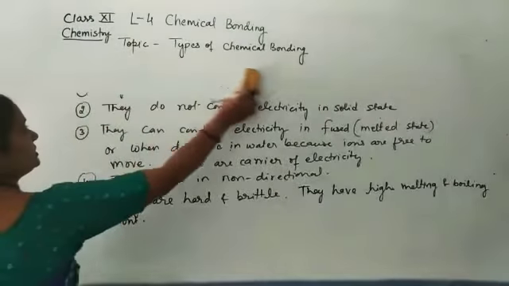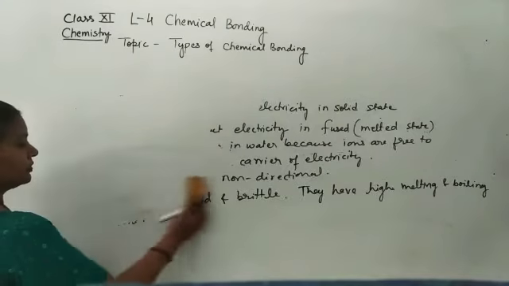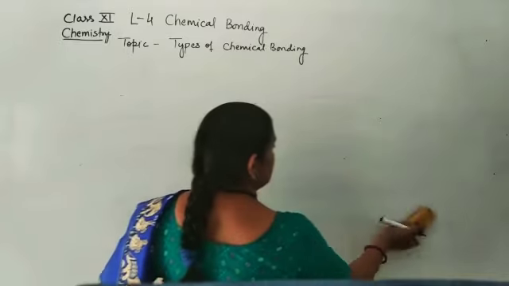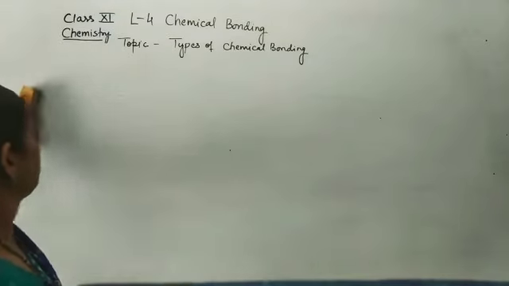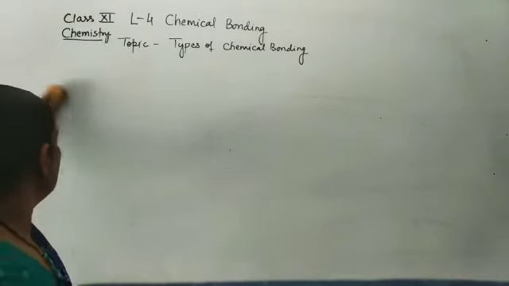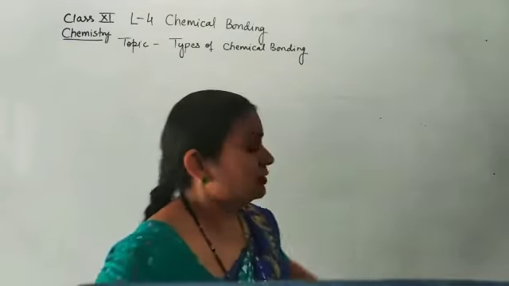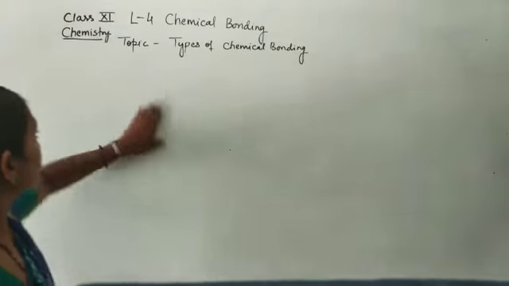Now I am going to discuss covalent bond. We know covalent bond is made by sharing of electrons between atoms of the same or similar electronegativity.